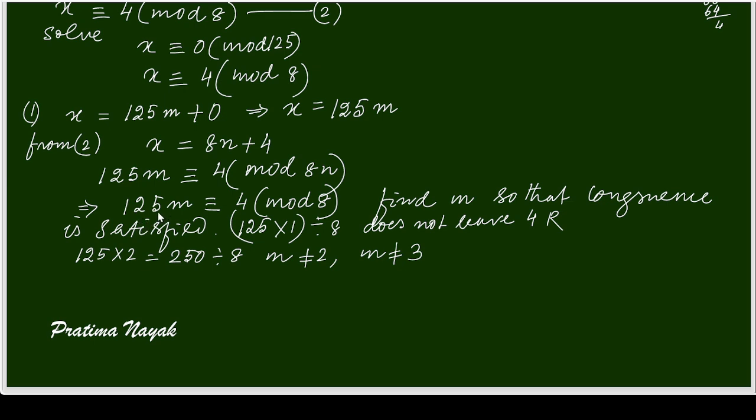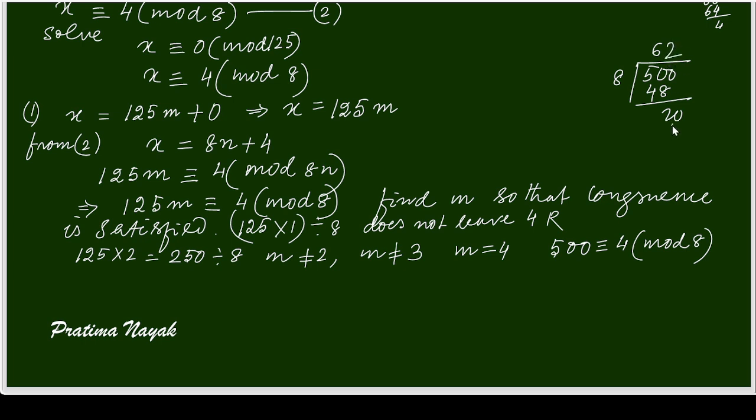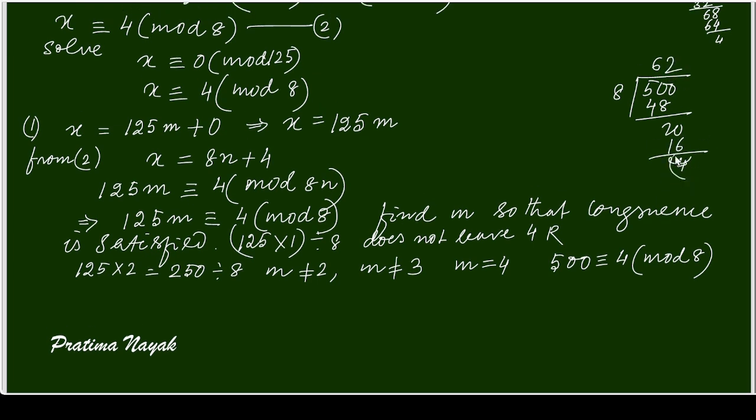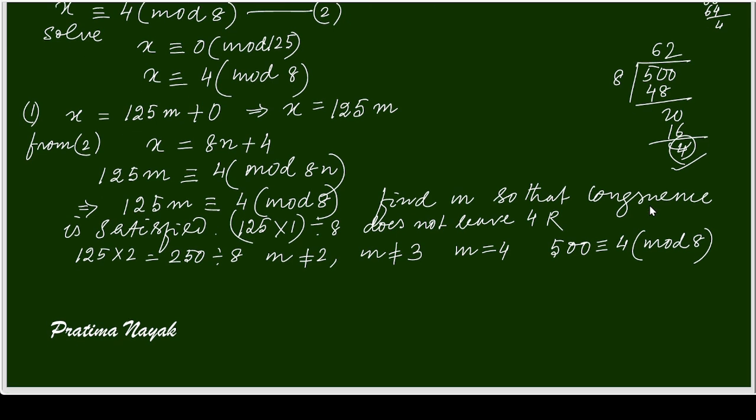Now let us check 4. If I take m equal to 4, 125 into 4, the left hand side of the congruence will be 500. And 500 is congruent to 4 modulo 8. If we divide 500 with 8, 8 6s 48, 20, 8 2s 16, so 4 is the remainder. So it is true. Okay, so what is m? m equal to 4.